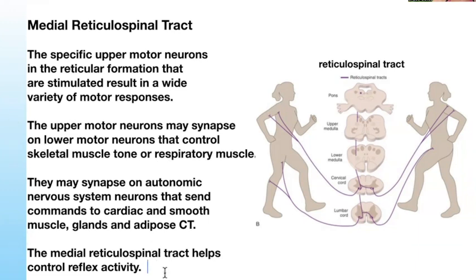Out of all the outgoing commands from the reticular formation, we are only learning that the medial reticulospinal tract helps to control reflex activity. There is so much more to learn about the reticular formation and its connections with the somatic and autonomic nervous systems, but we'll learn more about it in future lectures.